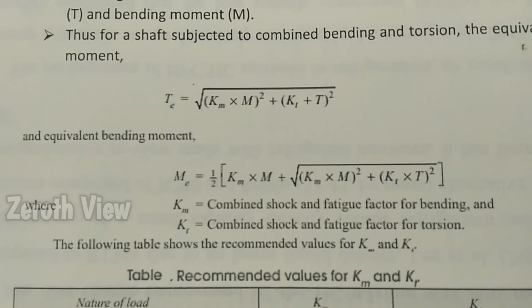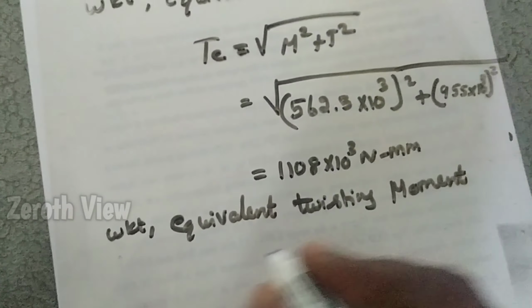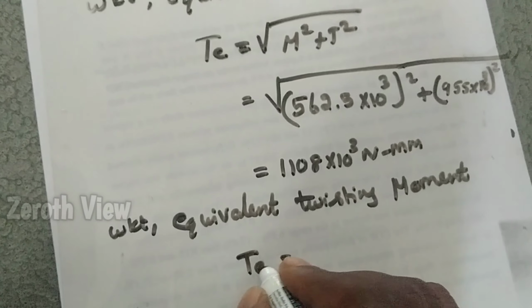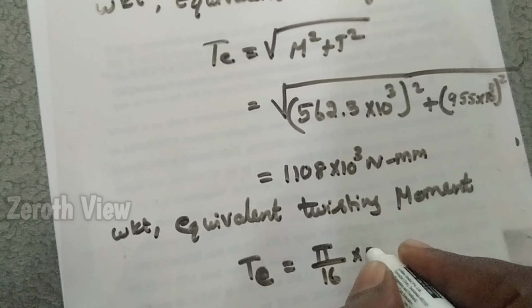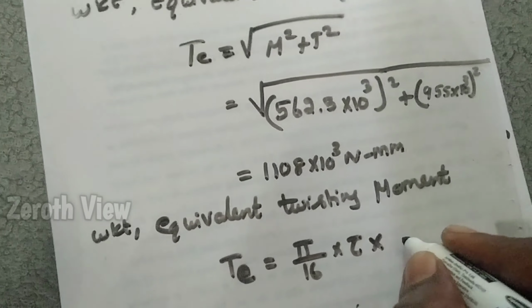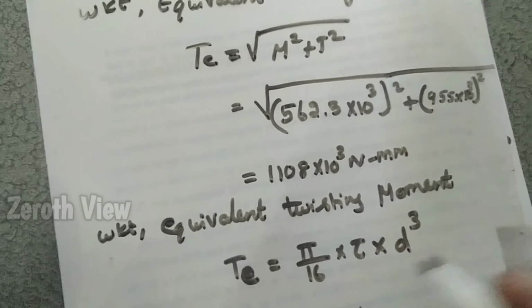Also we know that the equivalent twisting moment Te has another formula, pi by 16 into tau into d cube.